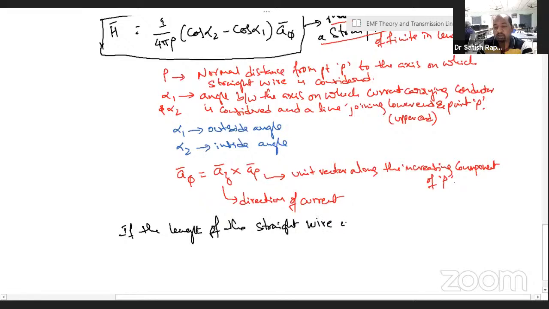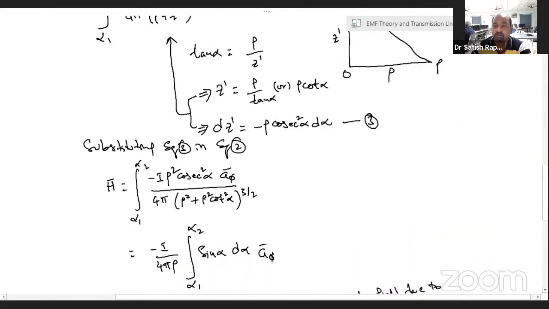If the straight wire is infinite, then what is alpha 1?